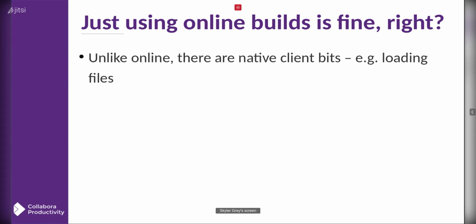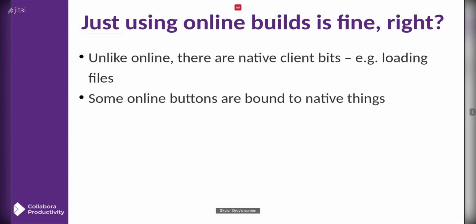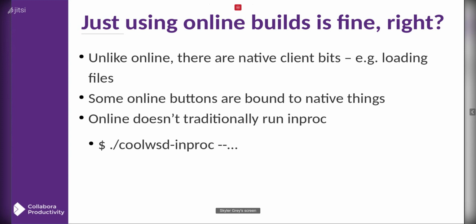Unlike online, there are native client bits. So I mentioned loading files. Other things are fonts, for example. On iOS, you have a font picker that opens up the native font picker. So when you're choosing what font you have in your document, you will get the list of fonts provided by your system, and that's native.